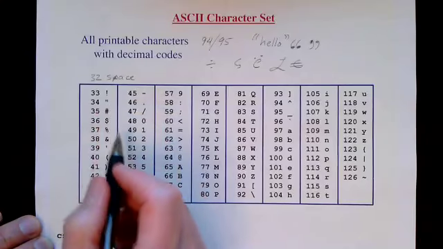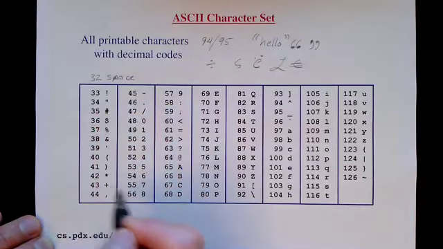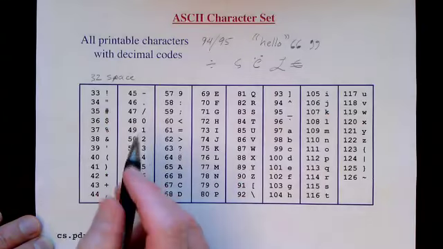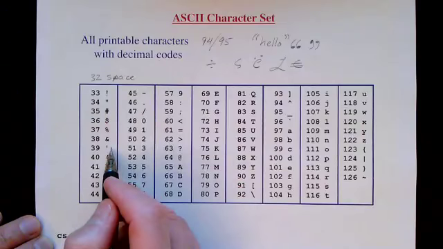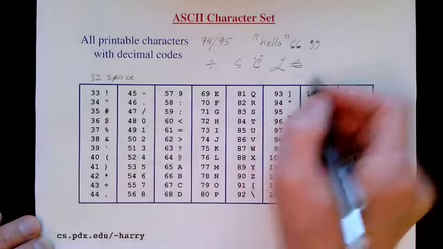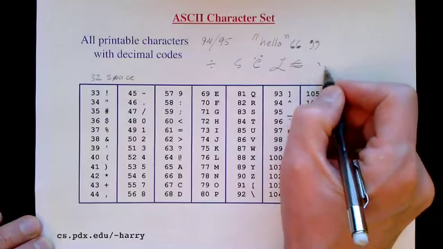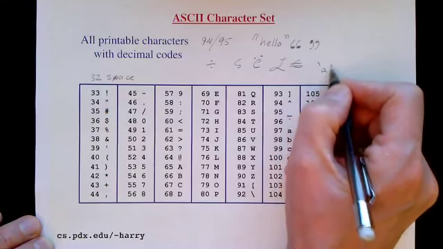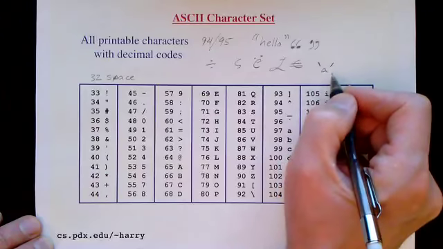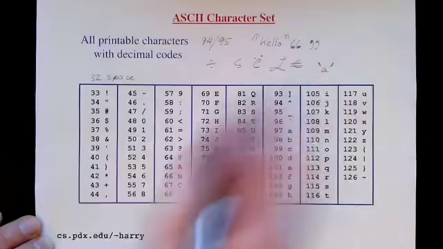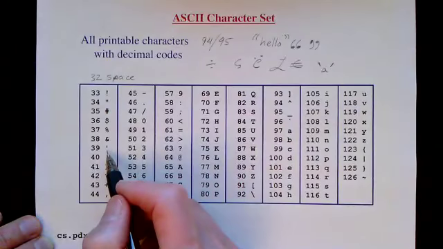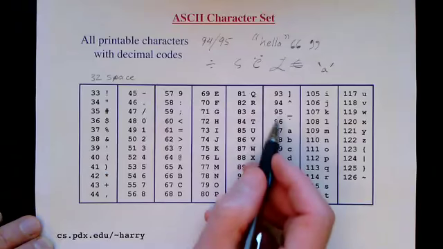It also has a single quote, which is here at position 39. And sometimes in handwriting we write quotes to curve in like that, but that's not possible in the ASCII character set. Now, I should mention that there is something else.